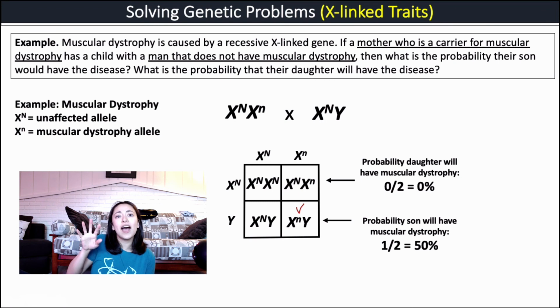So 1 out of 2 of the possible allele combinations for the son would result in muscular dystrophy. So if they had a son, there would be a 50% chance that he would have muscular dystrophy. But if they have a daughter, there's a 0% chance that she would have muscular dystrophy, just based on the fact that females are XX and males are XY.